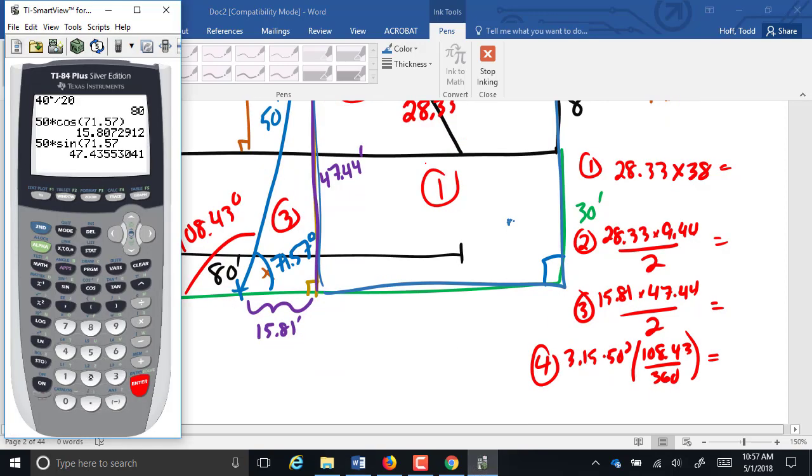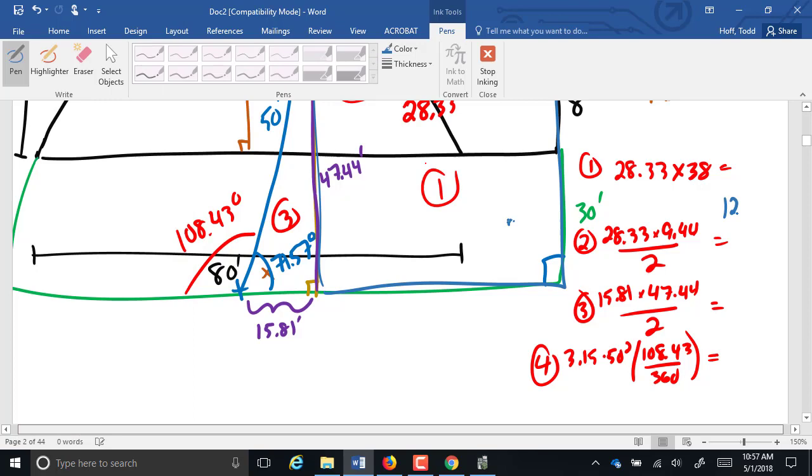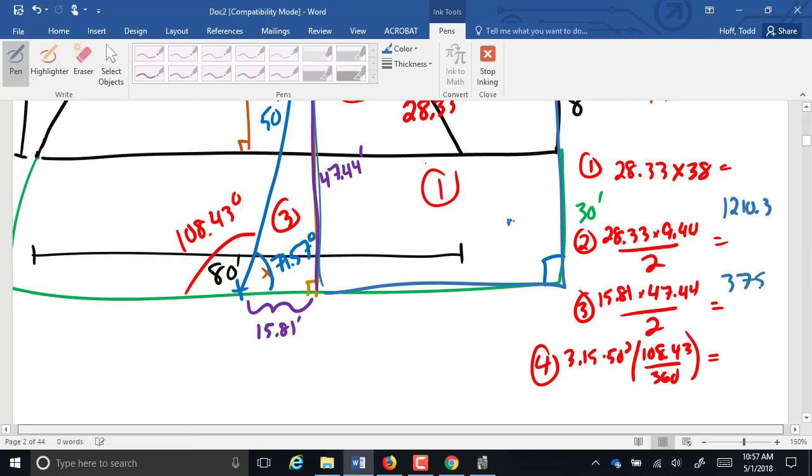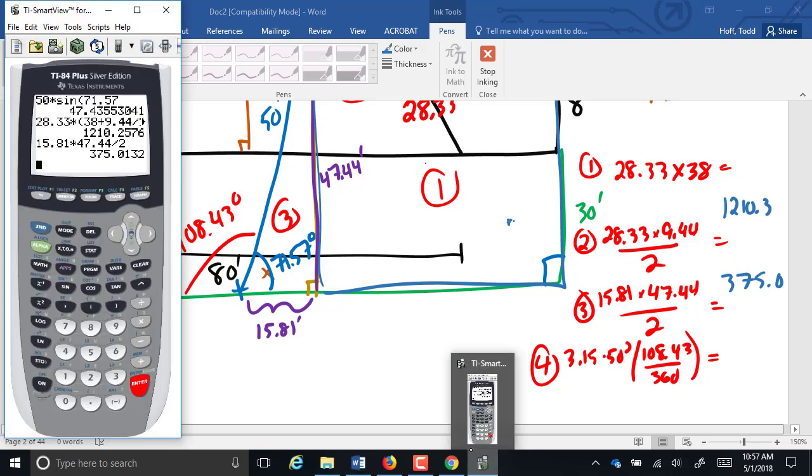So let's see here. We got 28.33 times... I'm doing these two areas all together. So 1210.3 we're going to call this. 15.81 times 47.44 divided by 2. 375 even. And then 3.14.